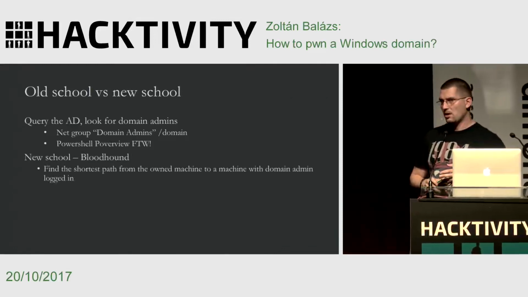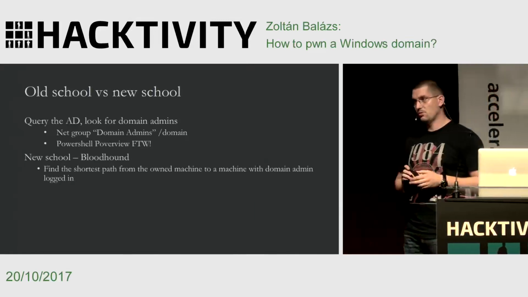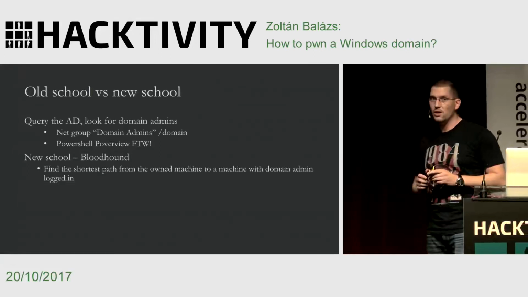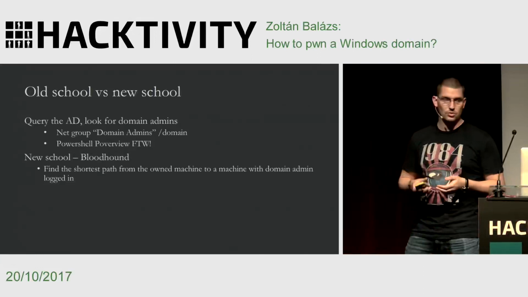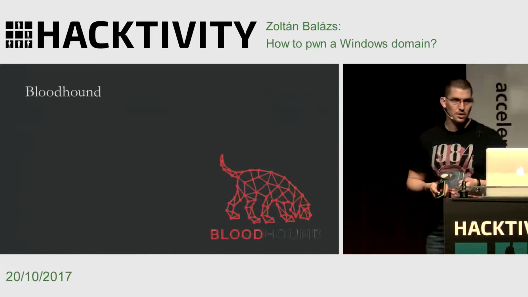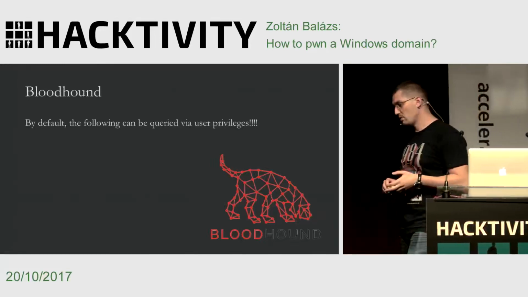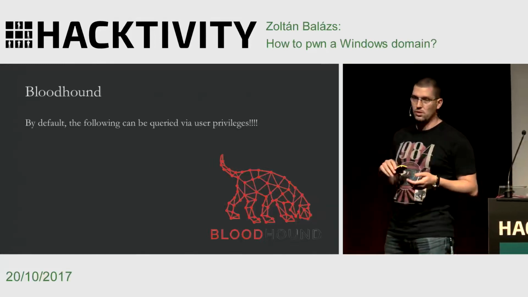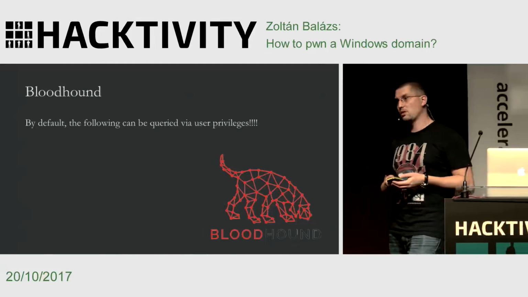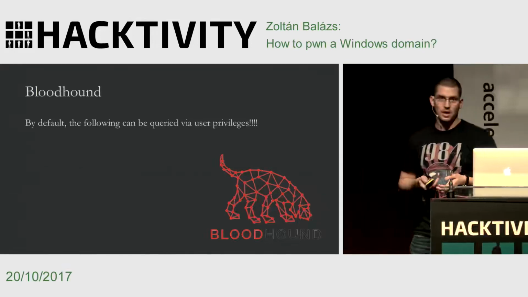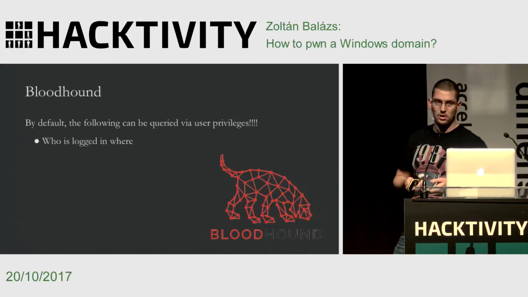But luckily, like 2 years ago, some guys wrote this awesome tool called Bloodhound, which basically automates all these tasks which you had to do manually before. So what is Bloodhound? Bloodhound runs in a Windows domain with user privileges. And what's really interesting is that with user privileges, you can ask the following questions and you will get the answer from the domain.